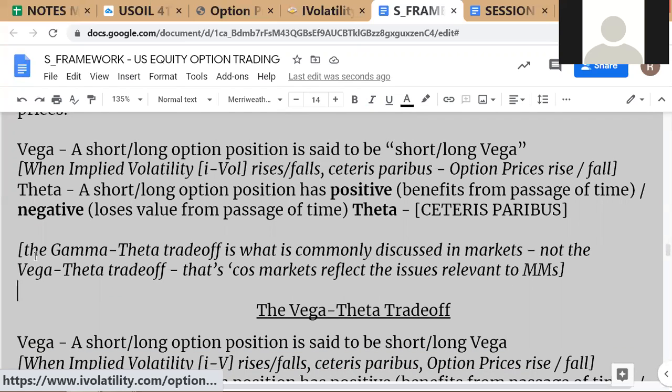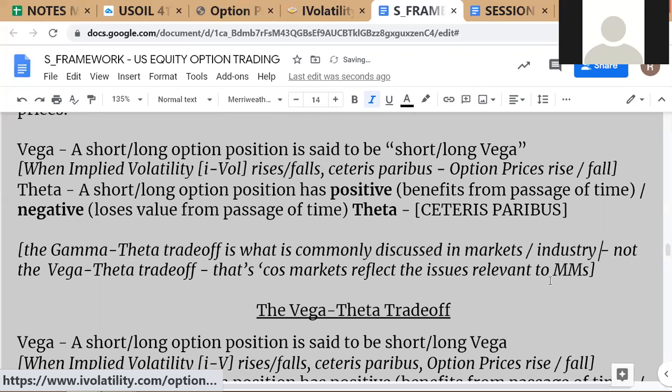Now, you have to remember that the gamma theta trade-off is what is commonly discussed in the industry. So if you go to the industry and talk about the Vega theta trade-off, that is not something people normally discuss, so they may not understand what you're talking about. But they will understand, but you may have to explain it.